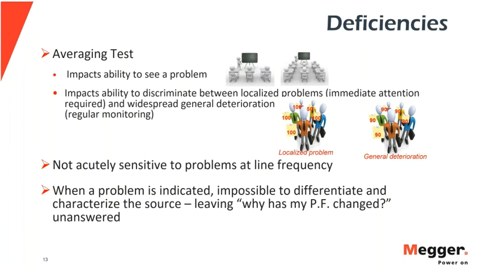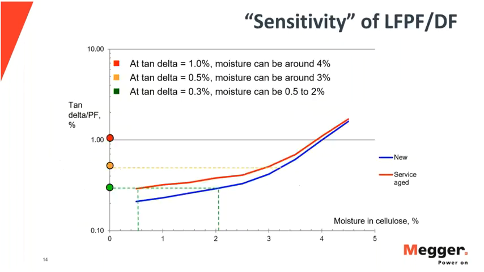So I'd like to put into perspective this 'not acutely sensitive to problems at line frequency' with this next slide. On the y-axis of this figure, we have dissipation factor measured at 50 hertz plotted on a logarithmic scale.